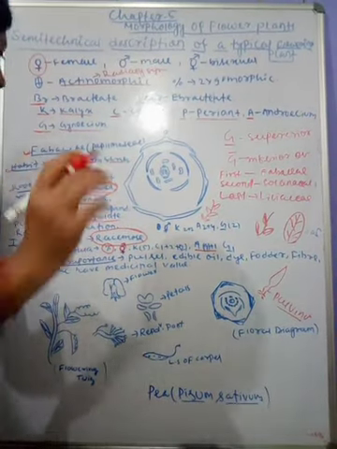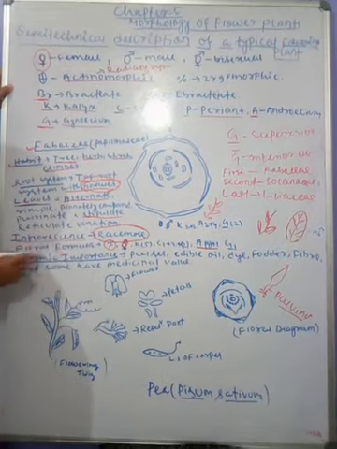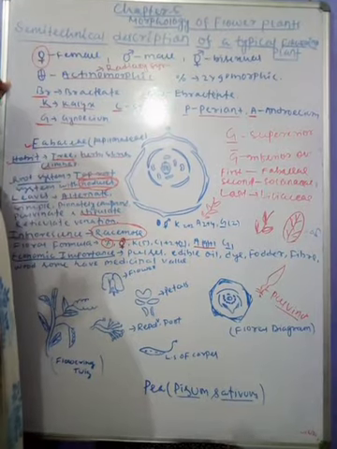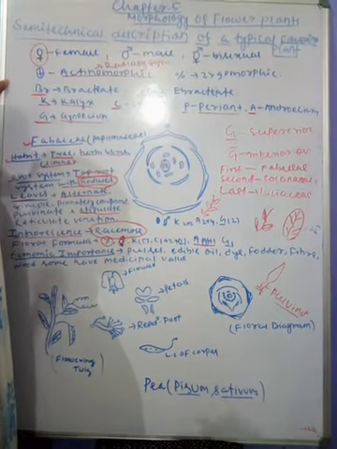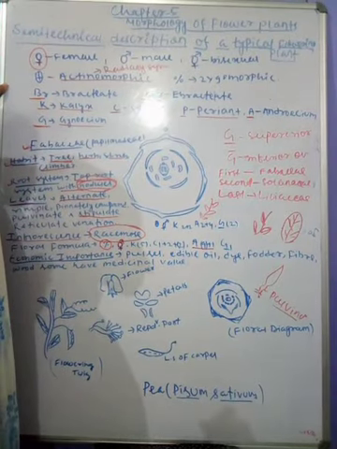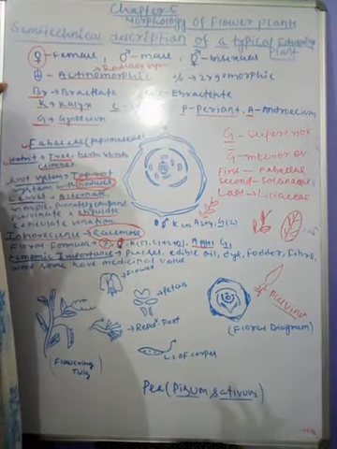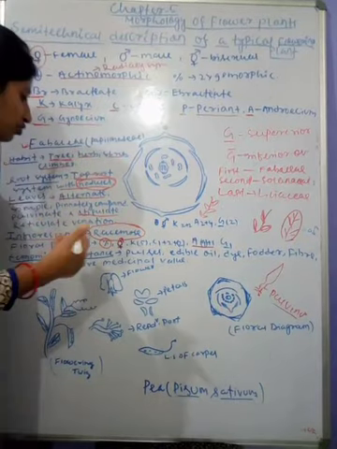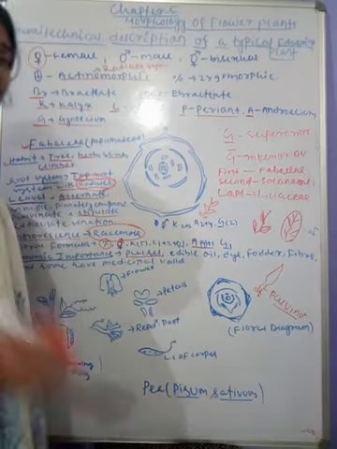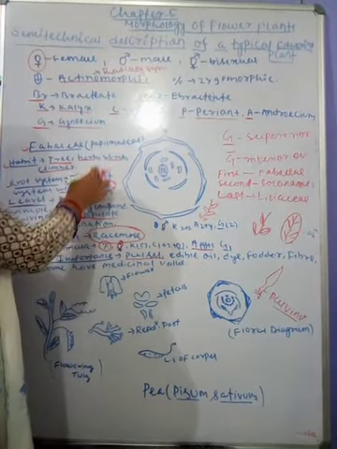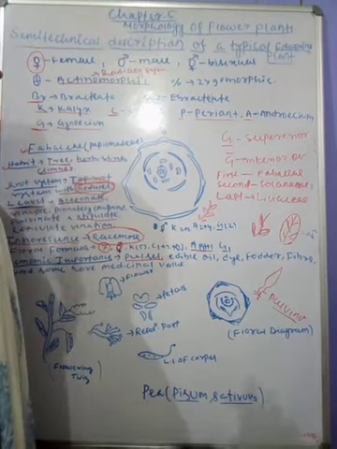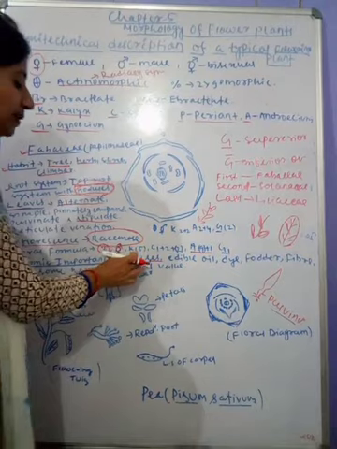Clear, students? Next is your economic importance, means what are the economic importance of family Fabaceae. As we know, every plant has its own economic importance, means it gives us money by using them. So how are they used? First is used as pulses, which I have already told you, as leguminous plants have nodules, and leguminous plants are found in pulses.